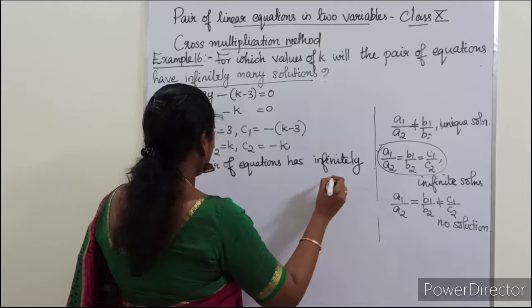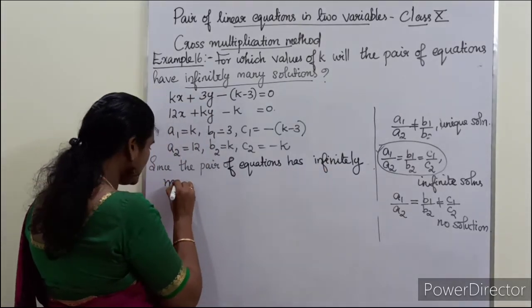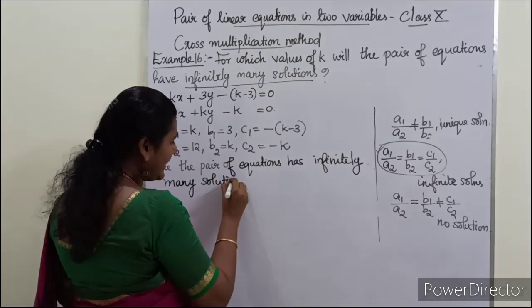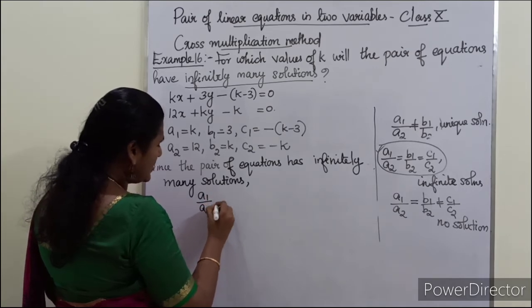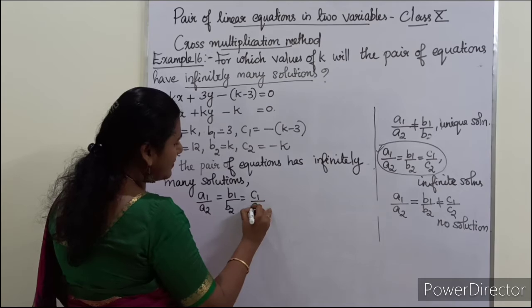So we can write, since the pair of equations has infinitely many solutions, we will take this condition, that is A1 by A2 is equal to B1 by B2 is equal to C1 by C2.